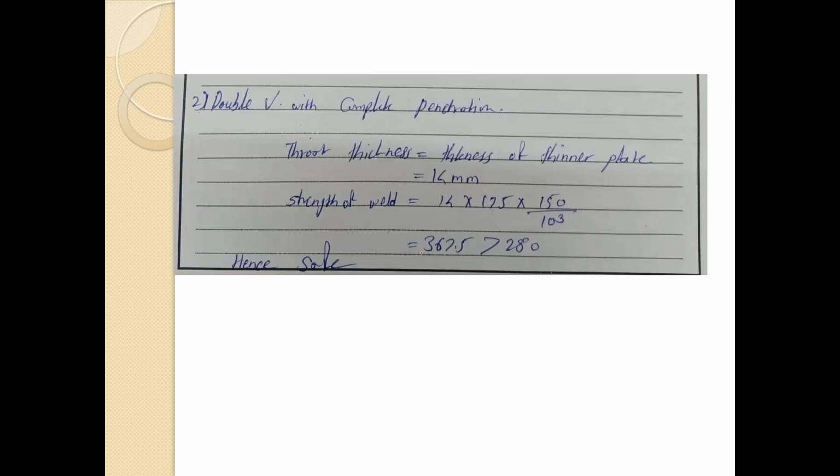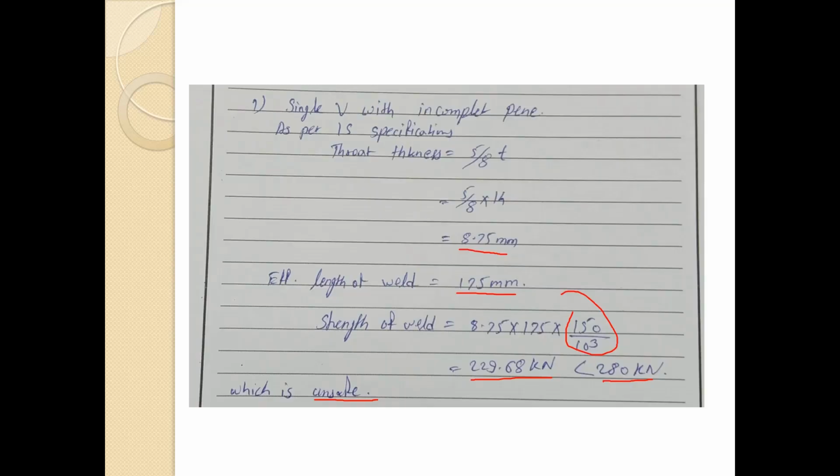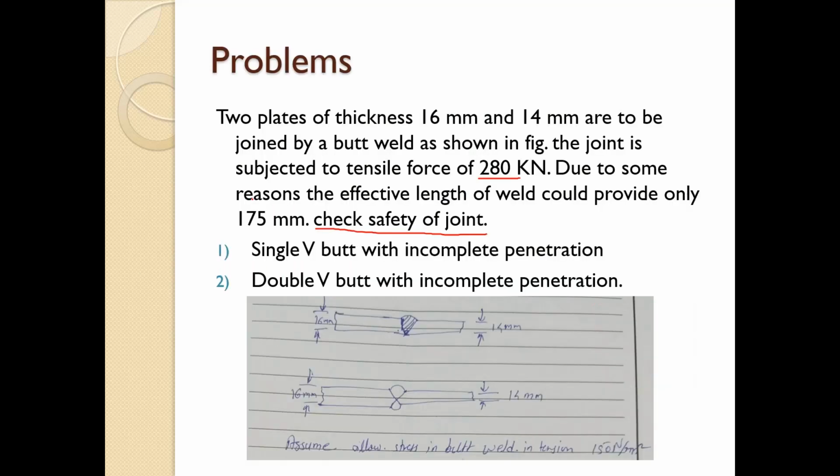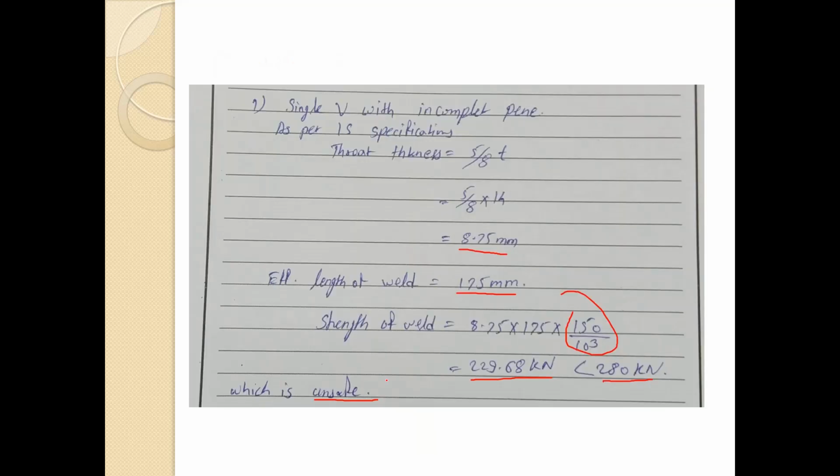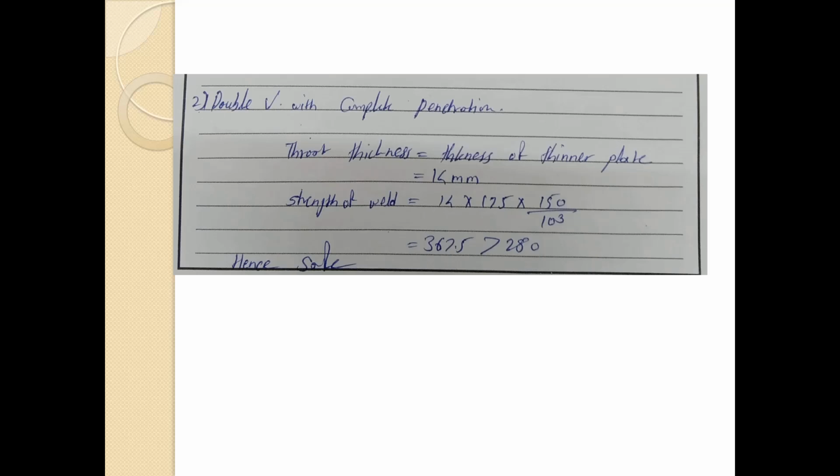Now the double V with complete penetration. Again I am moving to the earlier part, this is the single V and this is the double V. We have seen this in the earlier lectures. So the double V with complete penetration, the throat thickness is thickness of the thinner plate, that is 14 mm.